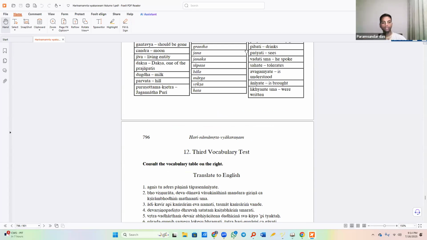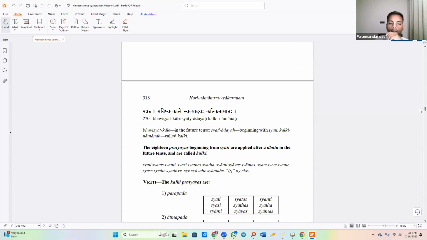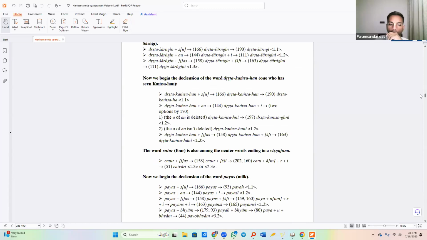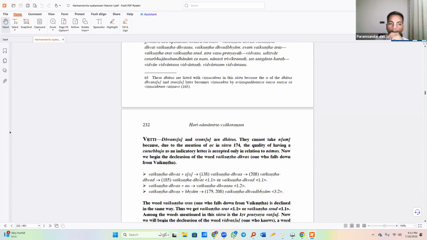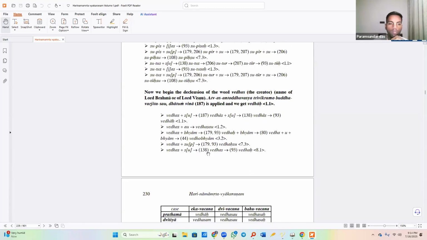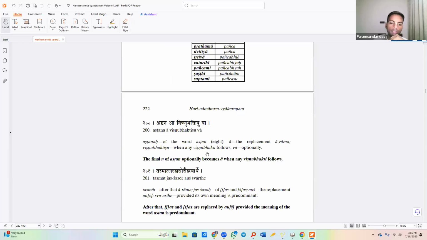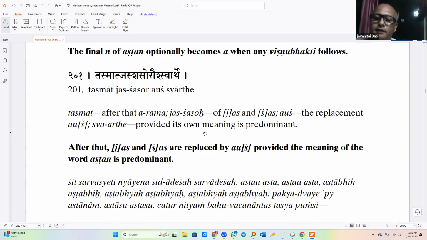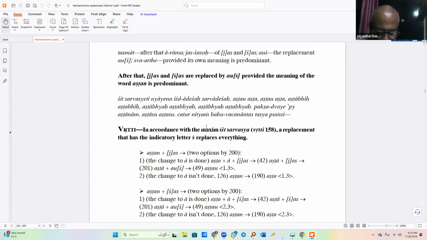Memorize those tables. Prabhuji, I have a doubt basically. Yes, please. The number 201. So the Britti says, in accordance with the maxim sit Sarvesya, a replacement that is indicated with the E, Shah replaces everything.